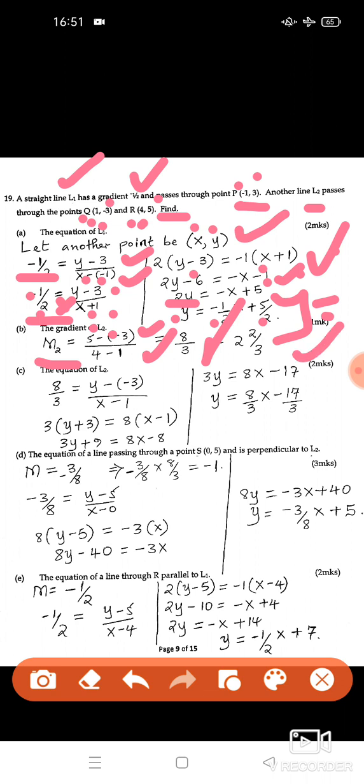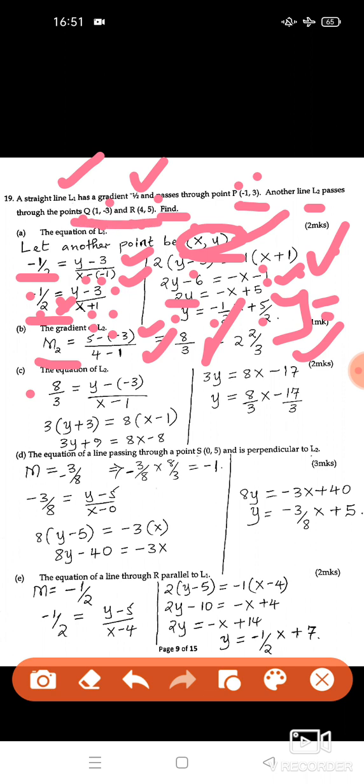Then again, the equation of L2. For us to express the equation, we'll have to let again a point xy, whereby now we will say 8 out of 3, the gradient, equals change in y over change in x. Remember I'm picking a coordinate xy and one of the provided coordinates here for L2.